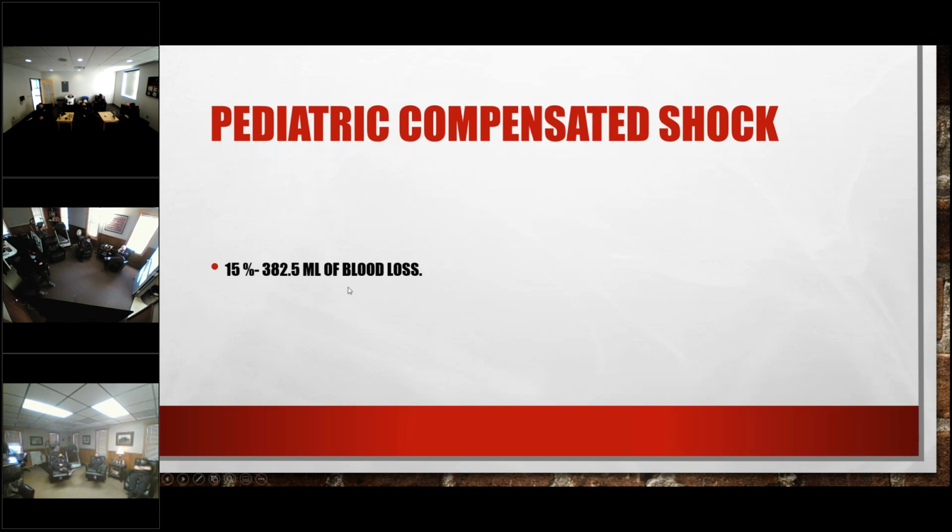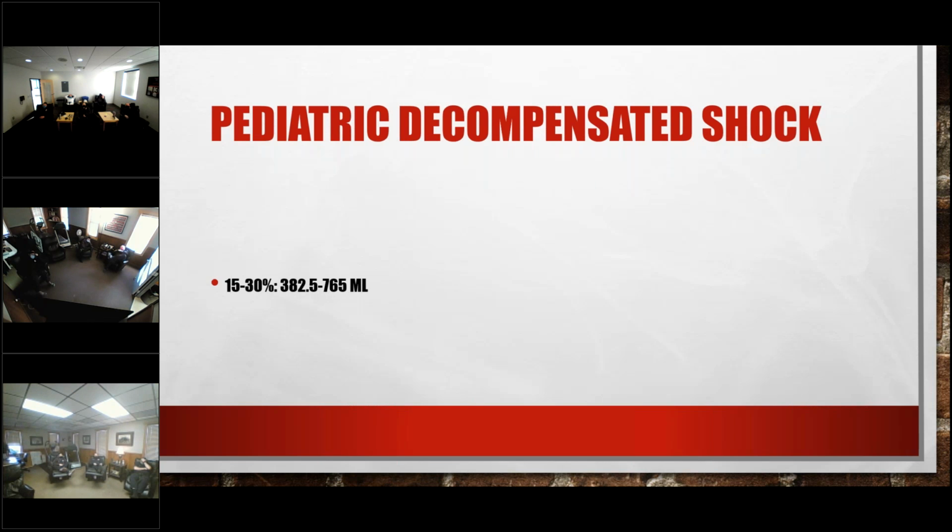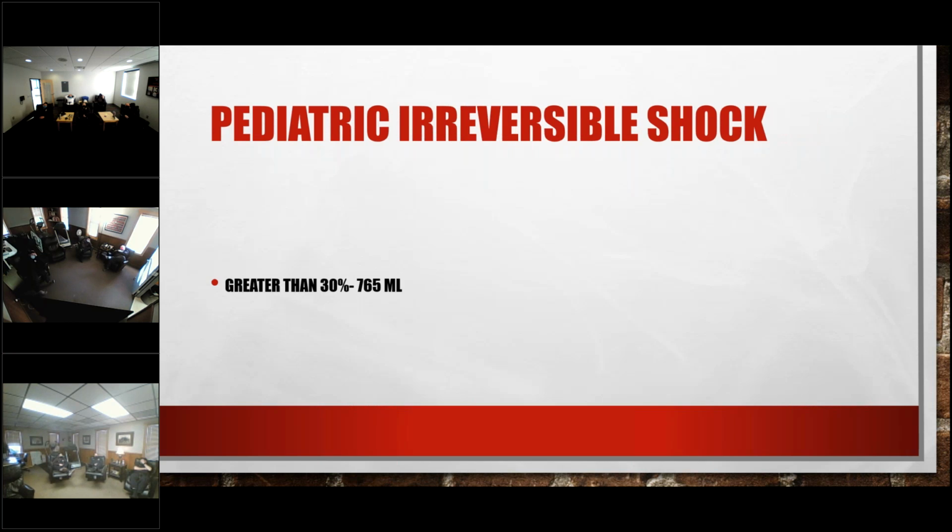When that pediatric patient starts losing blood volume, it only takes about 382 milliliters of blood loss to go into that compensated shock phase, 382 to 765 to put them in the decompensated, and then anything over 765 milliliters of blood loss is going to put them on the edge of that irreversible shock.